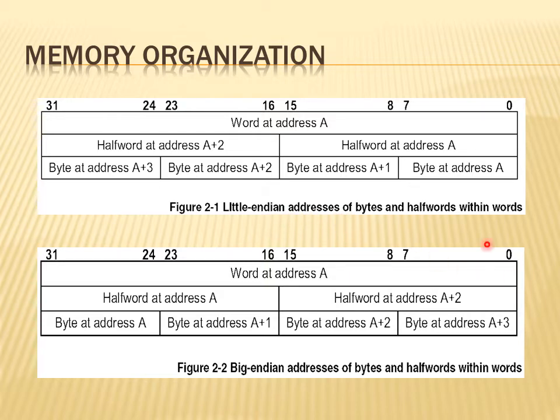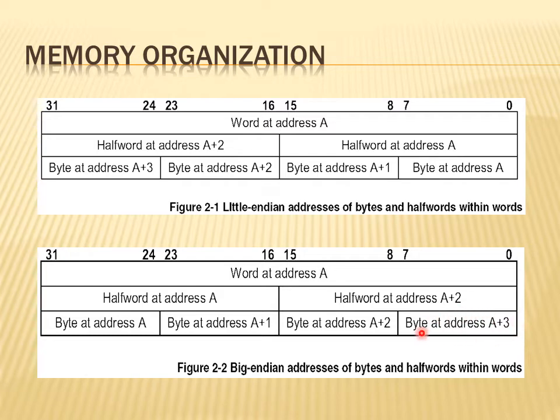And the ARM7 architecture supports the little endian addressing mechanism. In the case of the big endian addressing mechanism, see the picture here. At the first LSB side address location, the last byte is available.